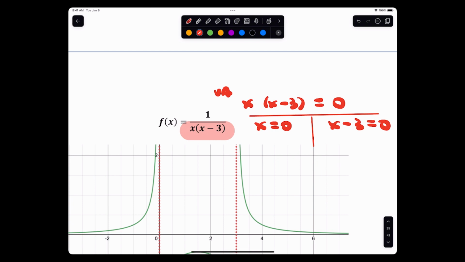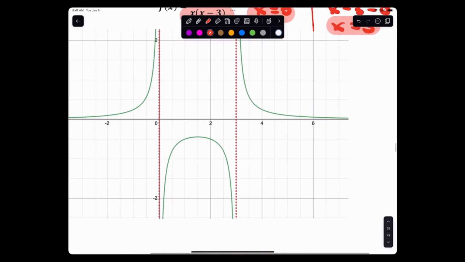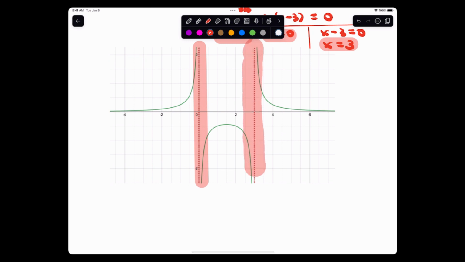That's called the zero product rule. If you guys remember the zero product rule. So you now get x equals what number? 3. So x is 0 and x is what? 3. You have two vertical asymptotes now. Here and where? Here at x is 3 and x is 0.